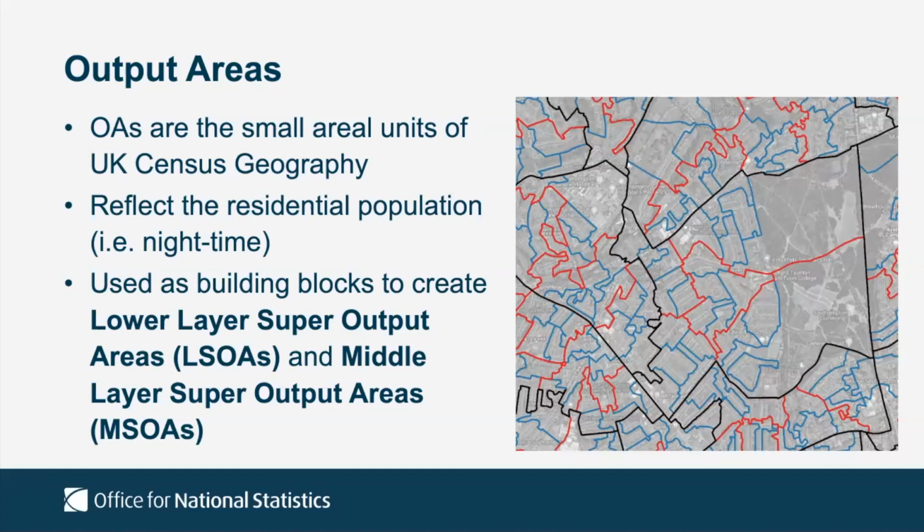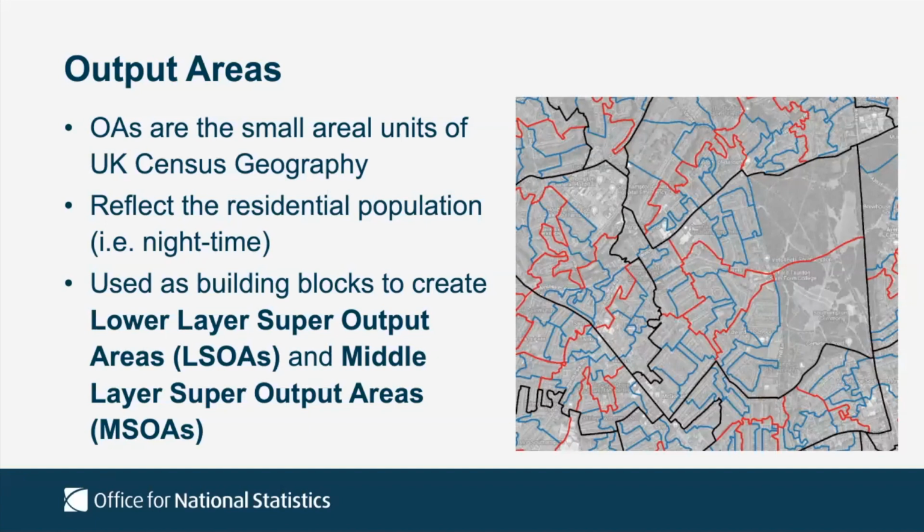These reflect the residential population, so nighttime, and they are building blocks to create the lower layer super output areas and the middle layer super output areas, LSOAs and MSOAs. That's just in England and Wales. Scotland also has output areas, and Northern Ireland have just replaced what were previously small areas with data zones. So these are how we have done small area statistics in the UK for the last 20 years, 30 years if you include Scotland.